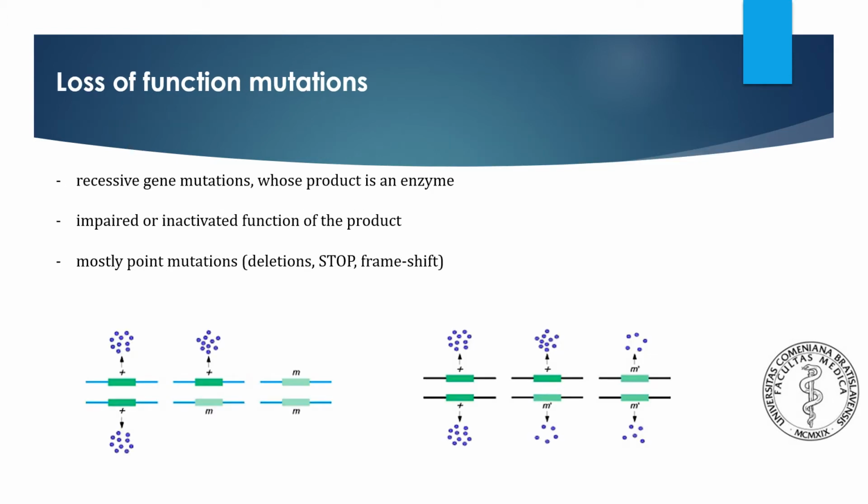Now we can switch to the loss of function mutations. Loss of function mutations, also called inactivating mutations, result in a gene product having less or no function, so being partially or wholly inactivated. When the allele has a complete loss of function, which means it is a null allele, it is often also called amorph, but this is not a term that is widely used in clinical practice.